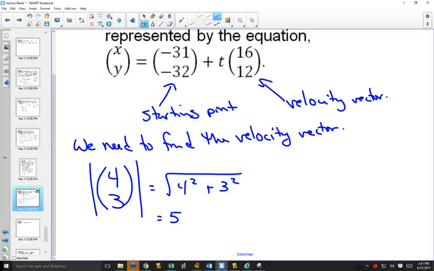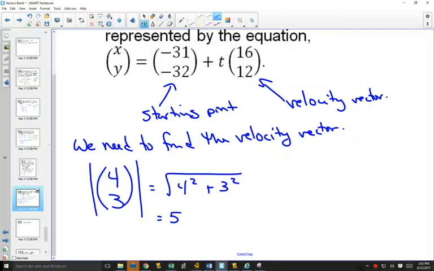In other words, if that was the velocity vector, then the length of your velocity vector is the speed that it's traveling. So currently, this one has a speed of 5. We need ours to have a speed of 20.